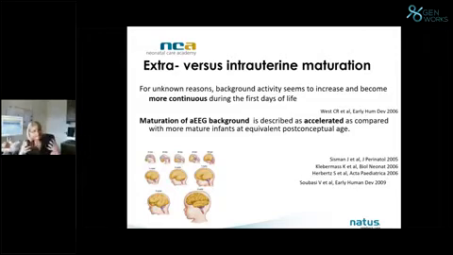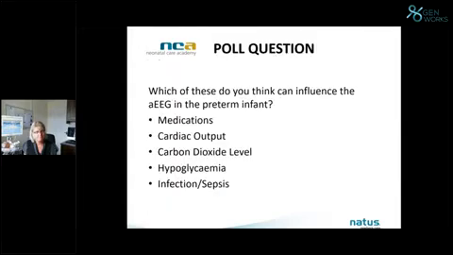And actually, the maturation of the AEEG background is described as accelerated. They mature much more quickly than infants at equivalent post-conceptional ages who are born later. So there's clearly some influence, again, possibly the exogenous stimulation that is causing this maturation of the preterm brain.